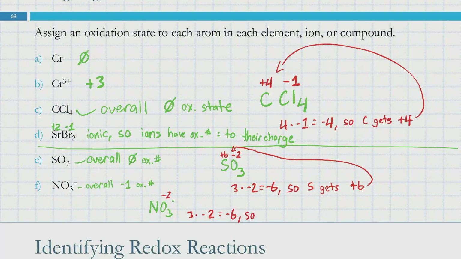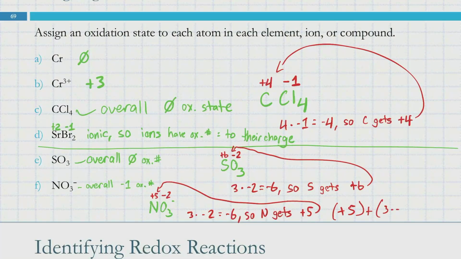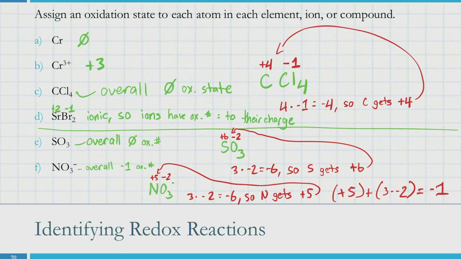Yeah, we need a +5. So our +5 plus 3 times -2 equals -1. There's other ways that we could algebra our way to that. Questions about any of those?